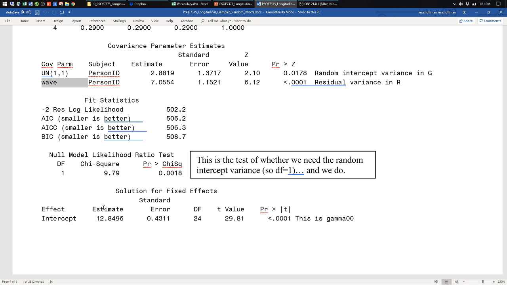An empty means random intercept model was initially used to partition the variability in this outcome and revealed an intra-class correlation of 0.29. Thus, I like thus a lot to start sentences. Thus, 29% of the total variation was between persons, due to mean differences, due to random intercept, however you want to phrase it. That's the only reason you fit this model. You say that, you move on.